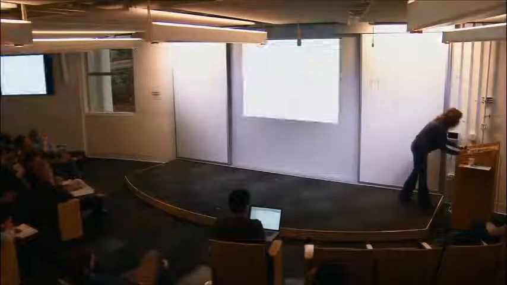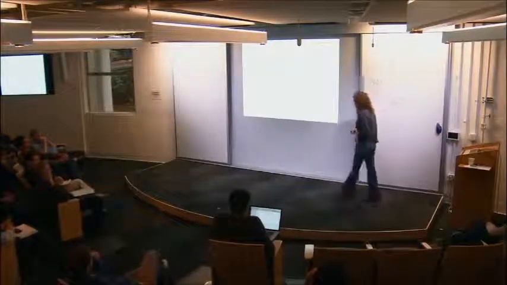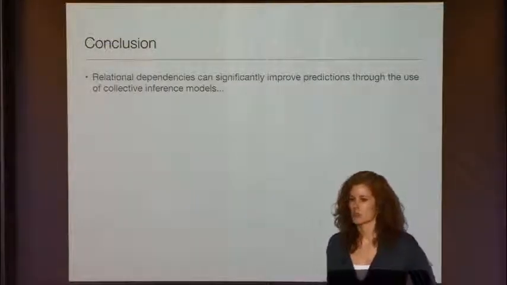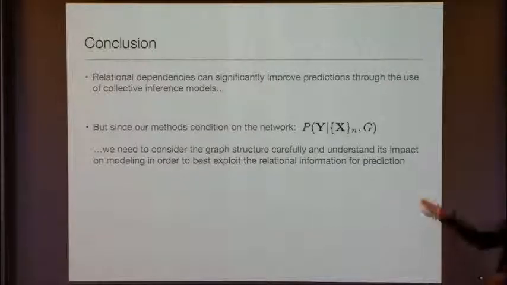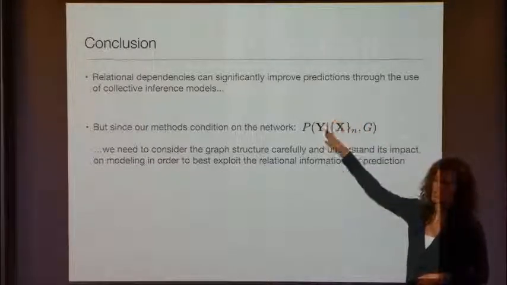So just in conclusion, we've had a lot of empirical success that shows that in many data sets, if we can incorporate these relational dependencies into our models, we can do a better job of prediction. But what we've not paid attention to is how this graph structure affects the characteristics of our models.